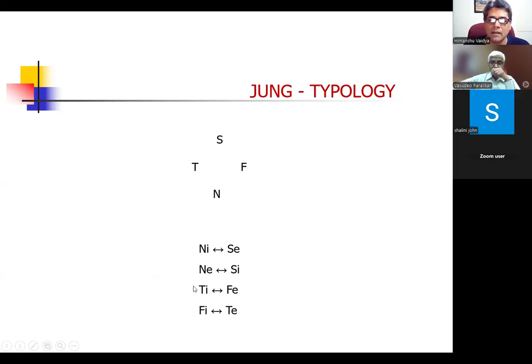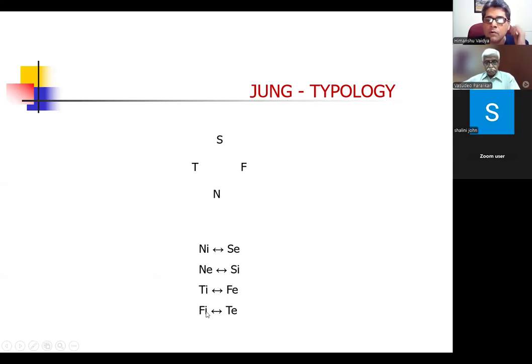If somebody has introversion as attitude and thinking as a dominant function, then what will balance it? What will balance it is extroversion and feeling. This will be the auxiliary function. So the left hand side are the dominant functions, the right hand side are the auxiliary functions, and they balance each other.